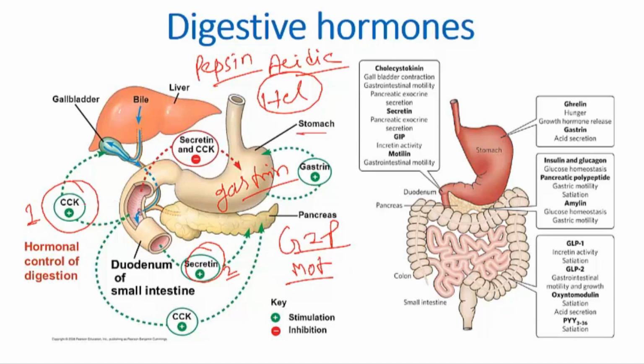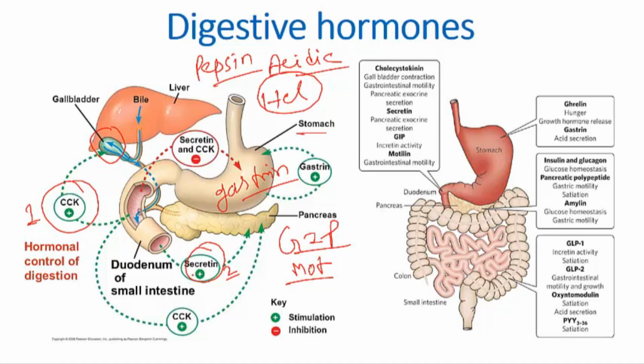Now, cholecystokinin stimulates the secretion of bile salts from the gallbladder, and the release of those bile salts helps in the emulsification of fat. Without those bile salts, we cannot digest or absorb fat very well in our body.